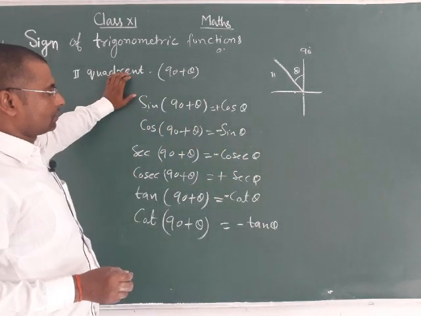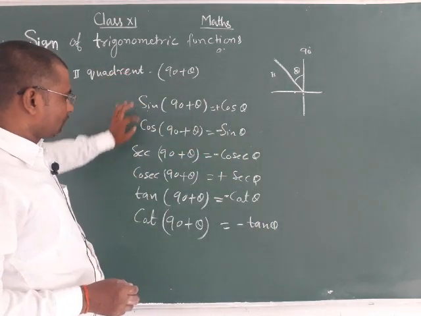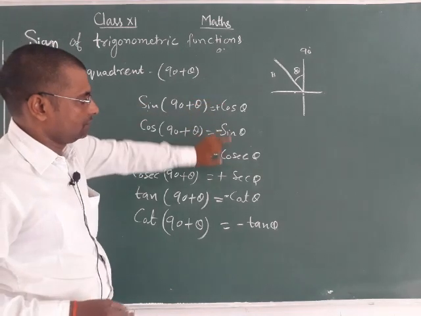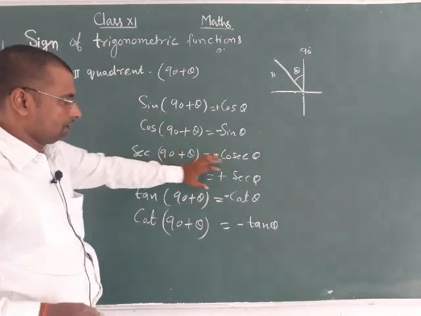In the second quadrant, the values of sine and cosec are positive and the remaining negative.